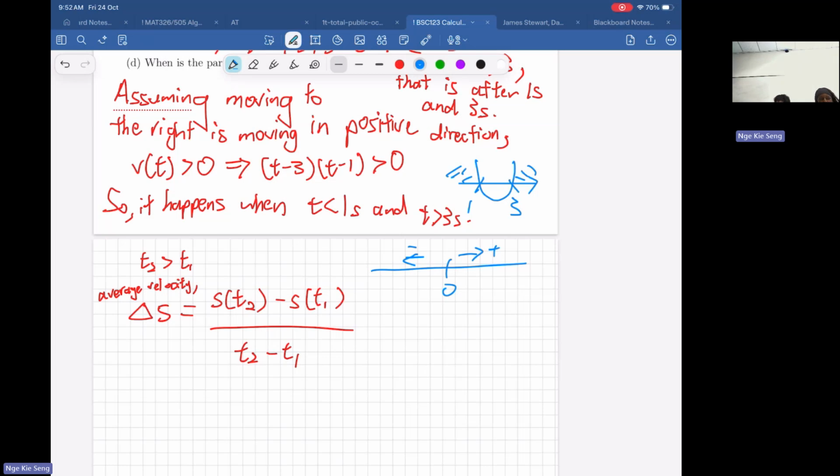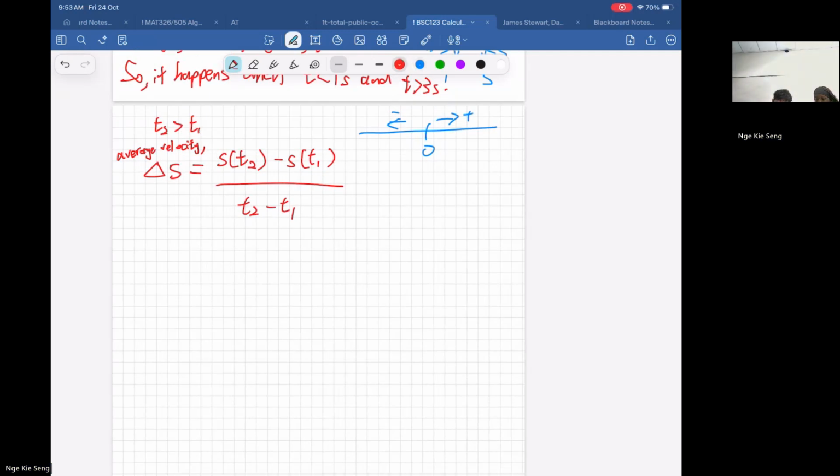Speeding up means the velocity gets faster and faster. To keep track of the changes of velocity, we use acceleration. But acceleration could be positive as well as negative, so we need to interpret which one is speeding up and which one is slowing down.